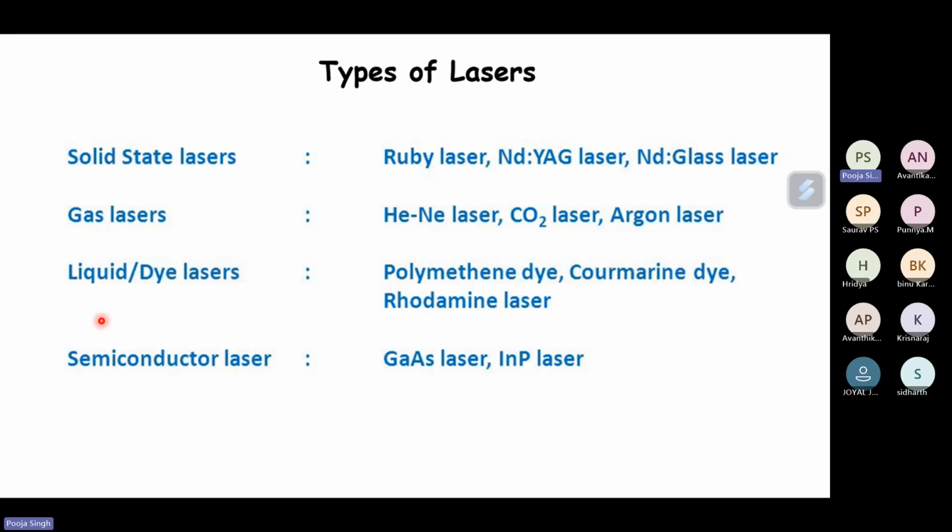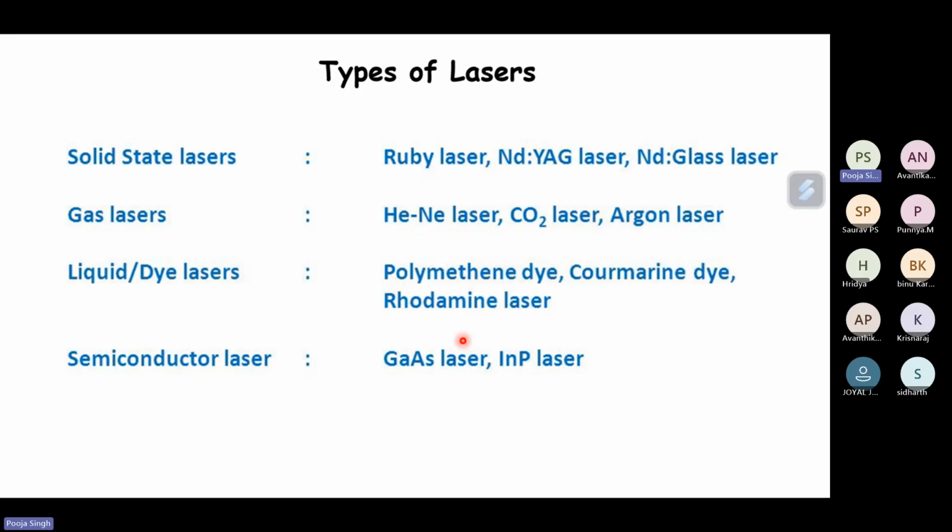Okay, then here liquid dye laser. Liquid dye means basically made up of the dye material, some organic material film. So polymethine, coumarin, which has the property to absorb the light. So basically it will have some benzene kind of ring, or anthracene, naphthalene kind of moiety present in these kinds of dye, which has the tendency to absorb the light and produce different colors.